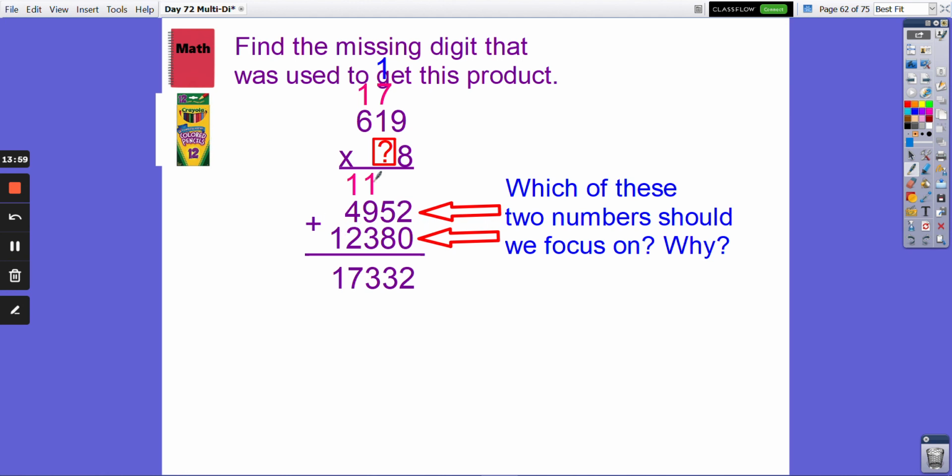Which number should I pay attention to if I'm looking for the number in the tens place of that bottom number? I should be looking right here at this second number, because this first number is everything that the 8 multiplies and gets. This second number is everything that multiplies to get.